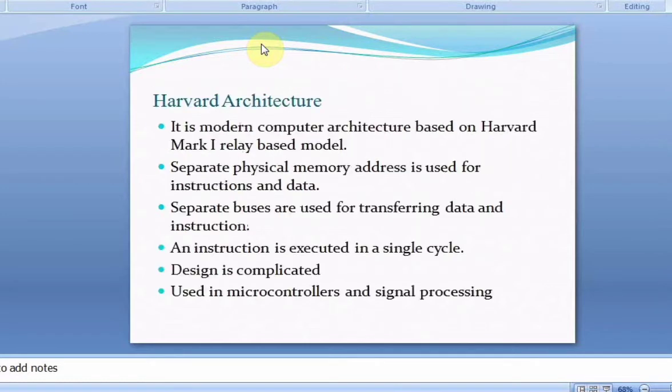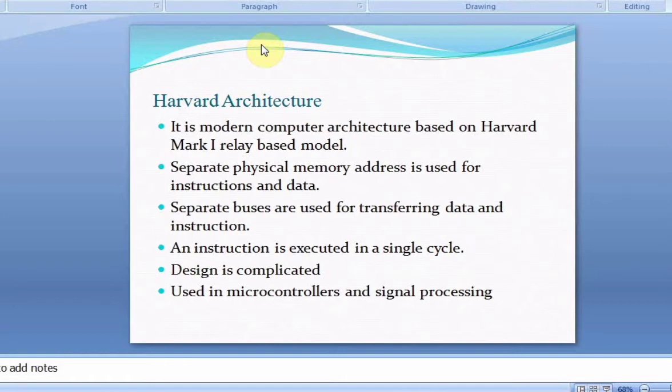Now we'll discuss the second architecture, which is called the Harvard architecture. The Harvard architecture is mainly based on the modern computer architecture of the Harvard Mark I relay based model. This architecture basically uses a separate physical memory address for the instructions and for the data.